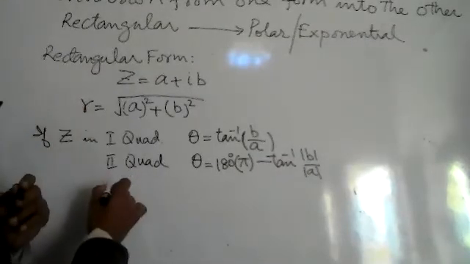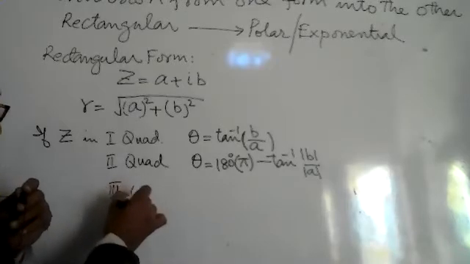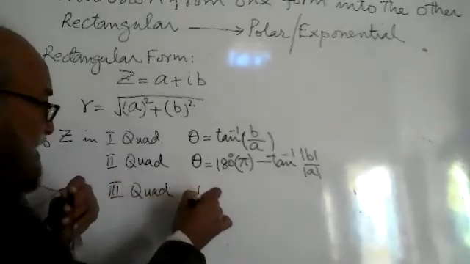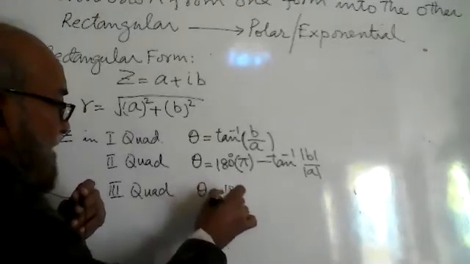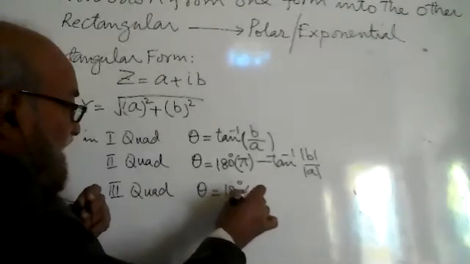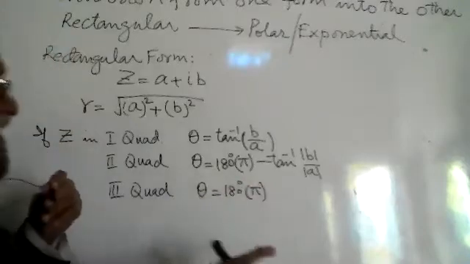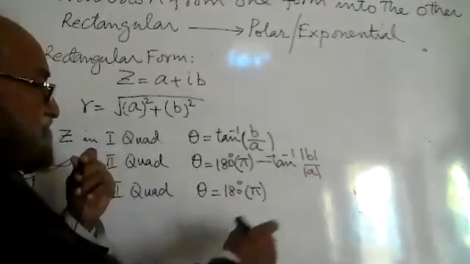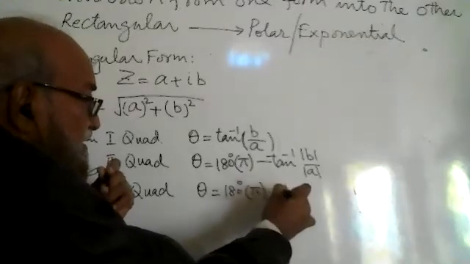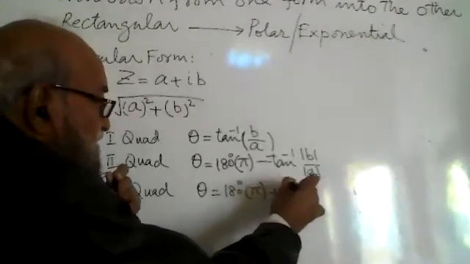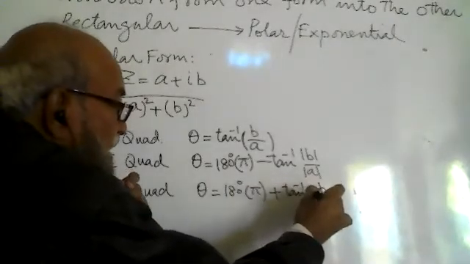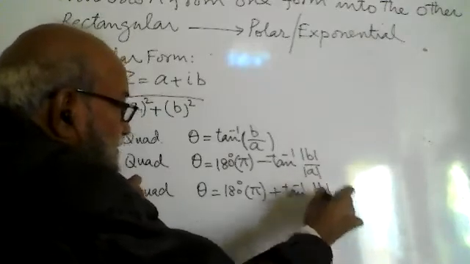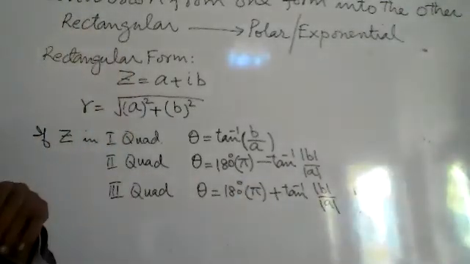If it is in the third quadrant, then theta will be equal to 180 degree, or pi if you are taking in radian, plus tan inverse b upon a, both positive.